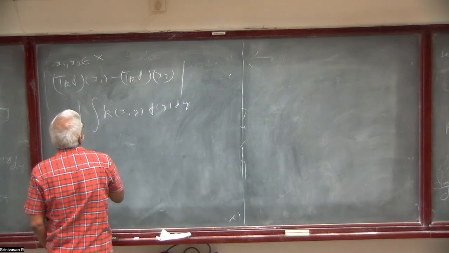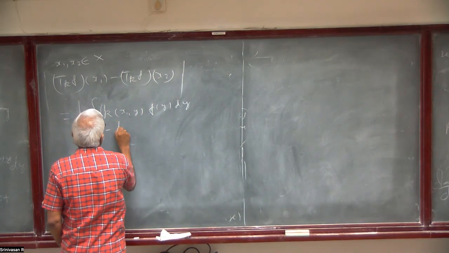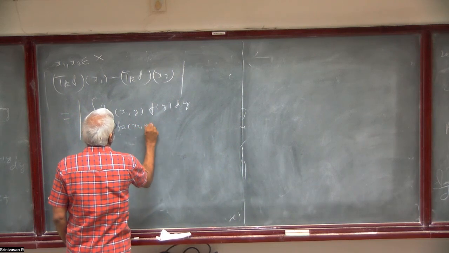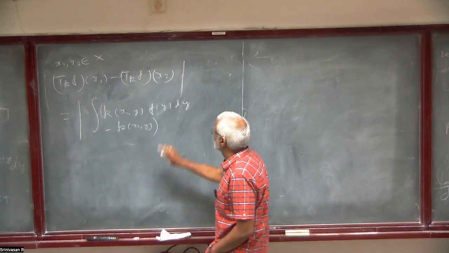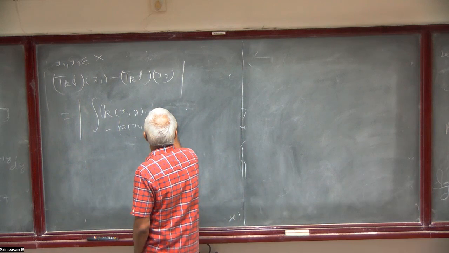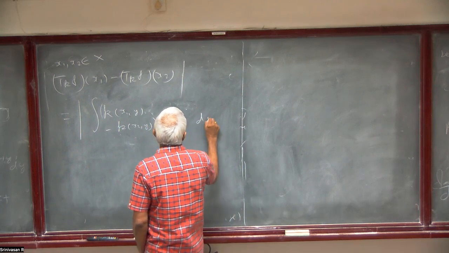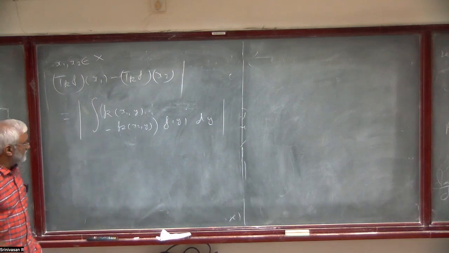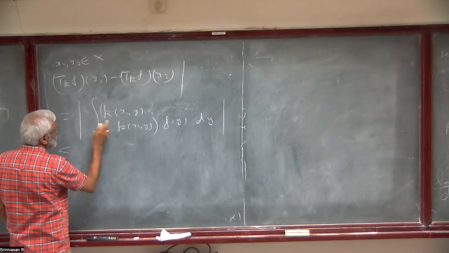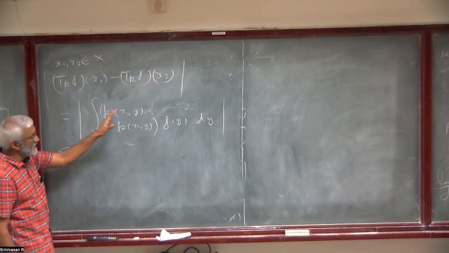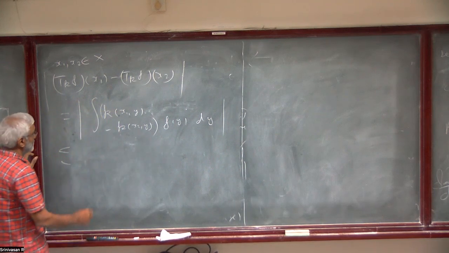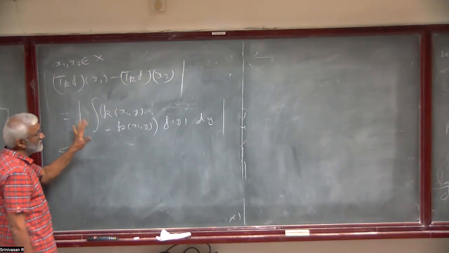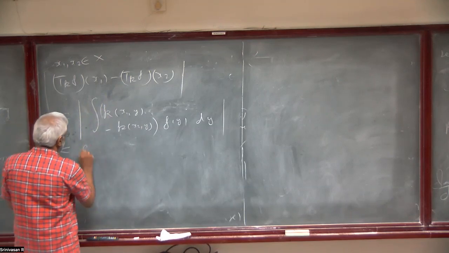So I will take the modulus here, and then k(x2,y) will come. That's the same statement. This is less than or equal to, you know that the modulus can be taken inside, which is actually a kind of triangle inequality, because integration is a sum.